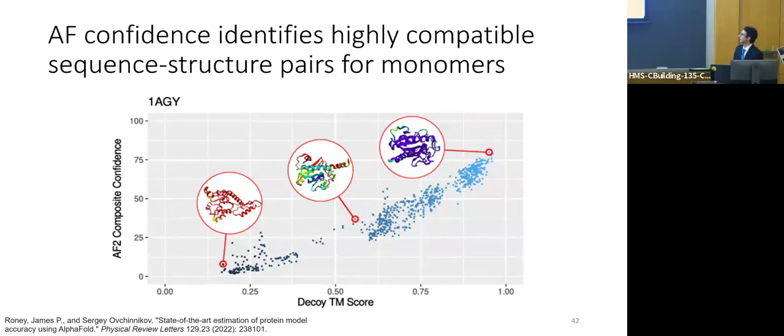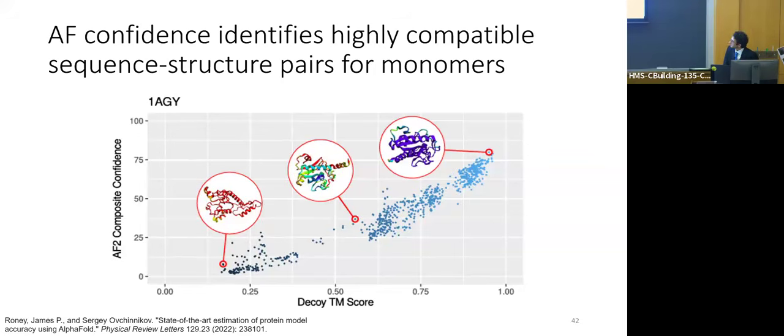Here they show that this AlphaFold2 confidence metric correlates very well with the decoy quality. The decoy TM score represents how similar the decoy structure is to the real structure, where a score of 1 indicates that the structures are identical, and a score of 0 means that they're totally dissimilar.